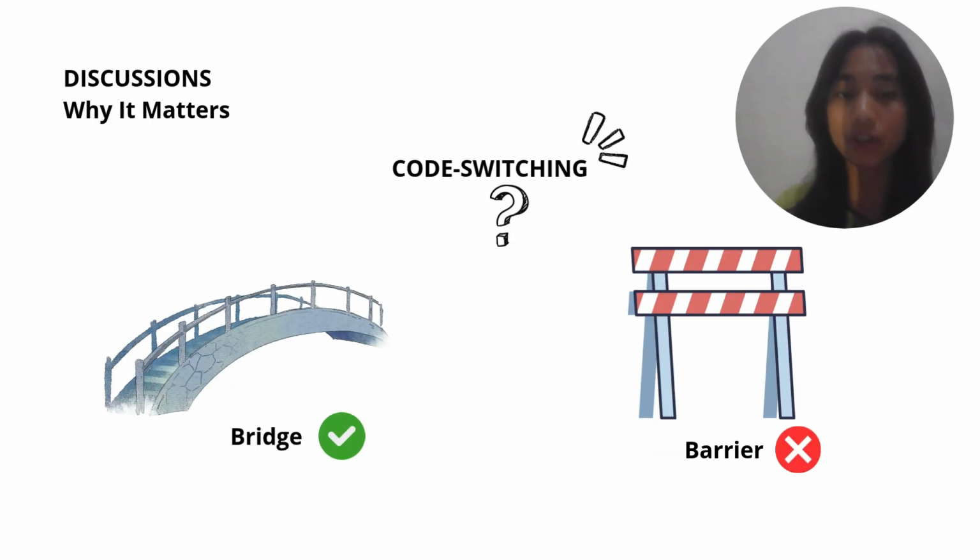So, in simple analogy, this study tells us and proves to us that code switching is not a barrier. Code switching is a bridge that connects students with what they already understand in Indonesian with what they are trying to master in English.